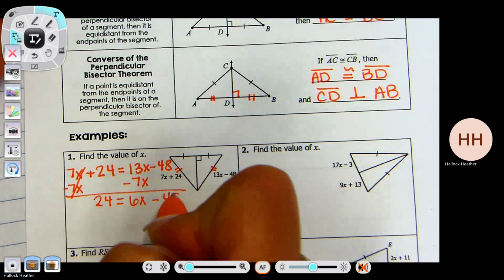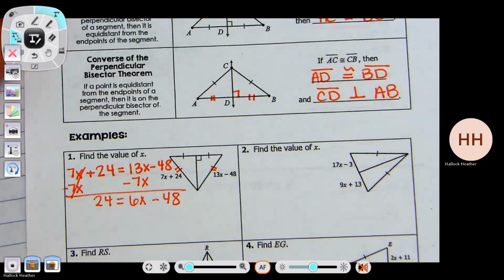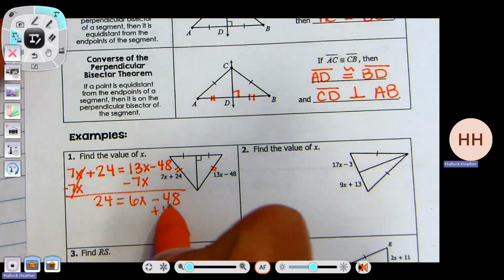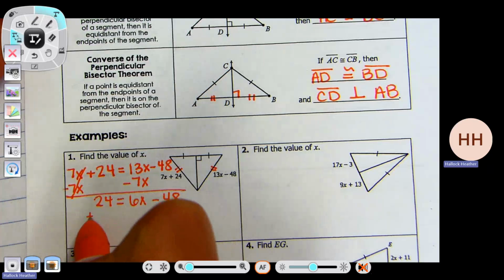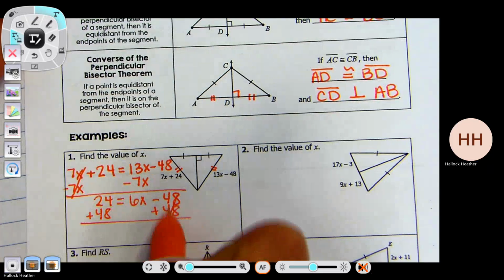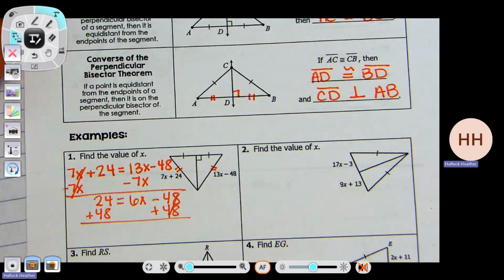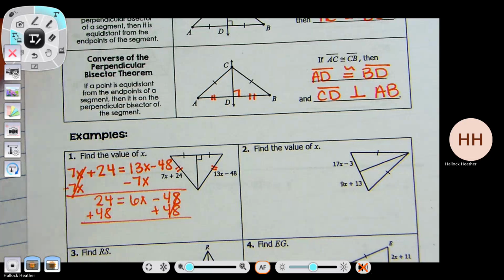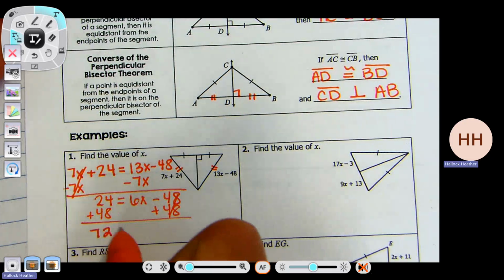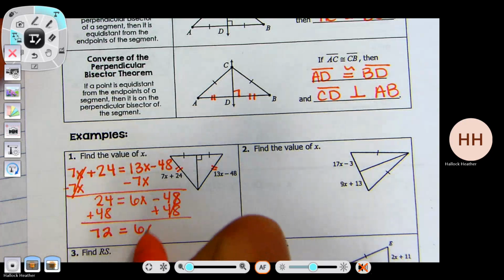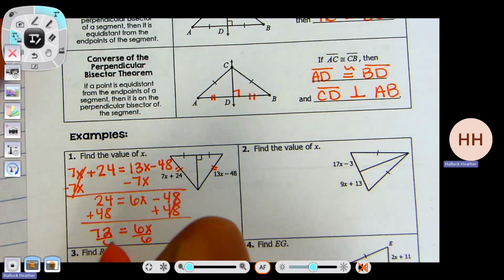Nice. And then what would I have to do? Add 48. So 24 plus 48. 72. And then if you divide by 6, what do you get?